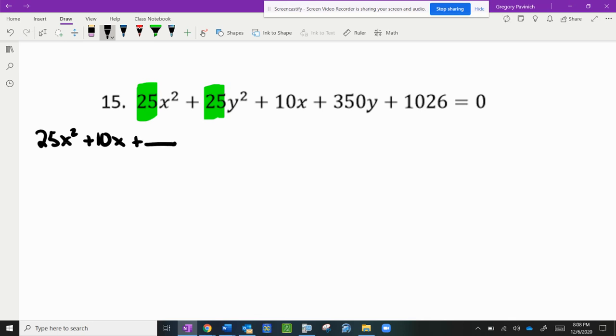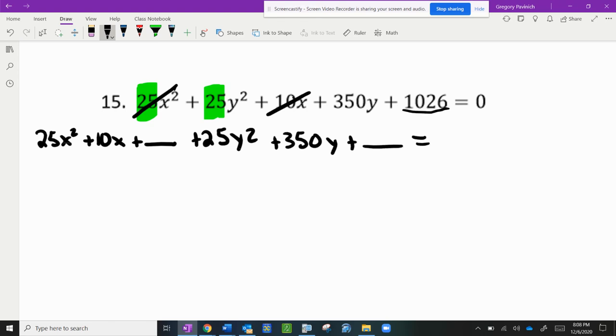So I have to complete the square on the x because it's got its linear term. And now I'm going to write my y, and it also has the linear term. And I've got to complete the square twice, and then I'm going to subtract over my constant term since it was positive. And since I'm going to add some numbers to the left side, I've got to add them to the right.